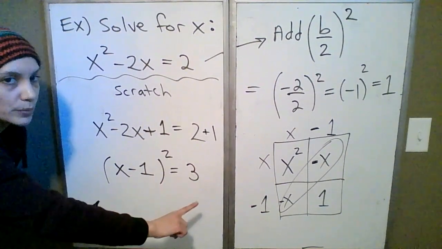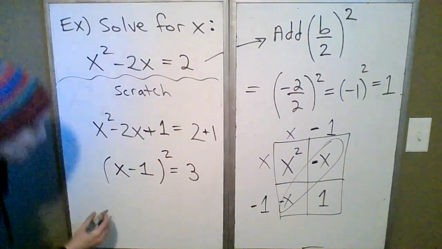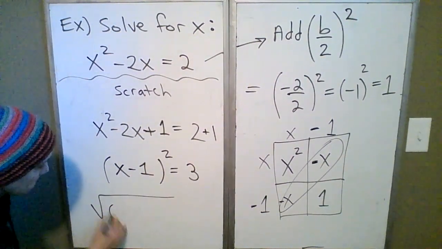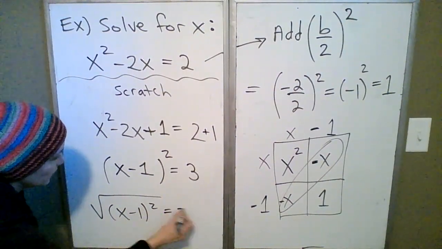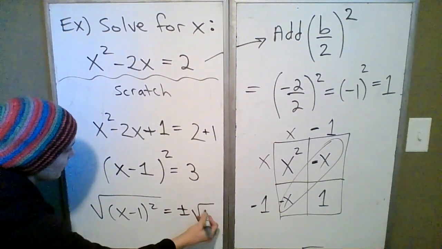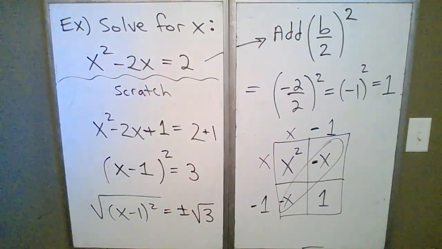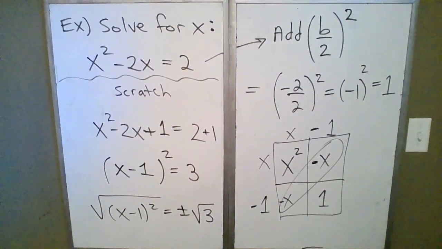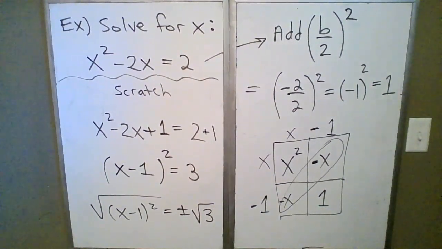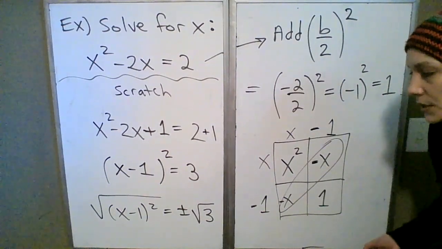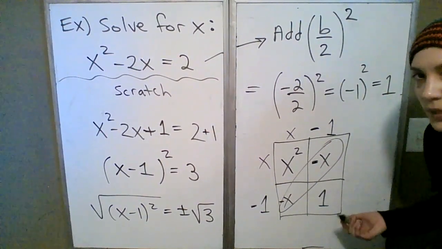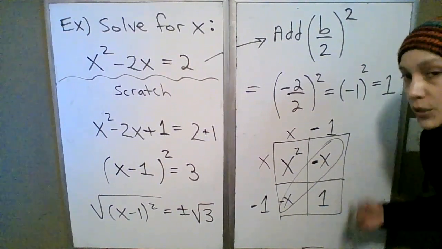Now I can square root both sides. When I do that, I've got a plus or minus of the root of 3. And let's simplify this once, for one more step, and then write our 2 equations.